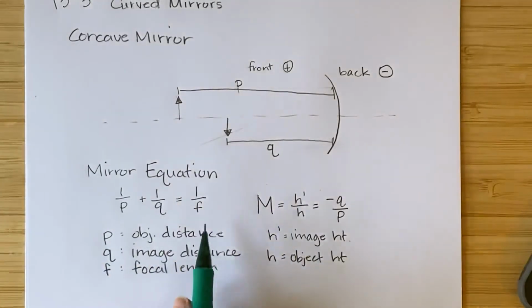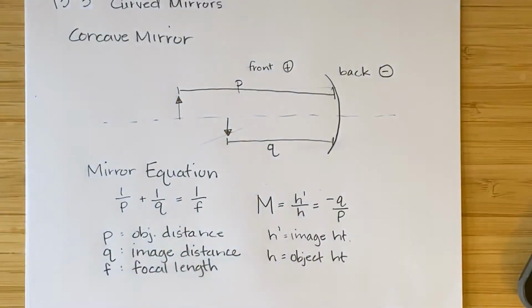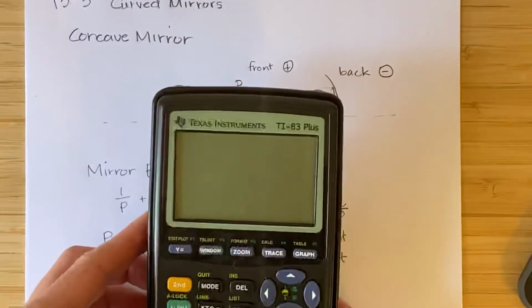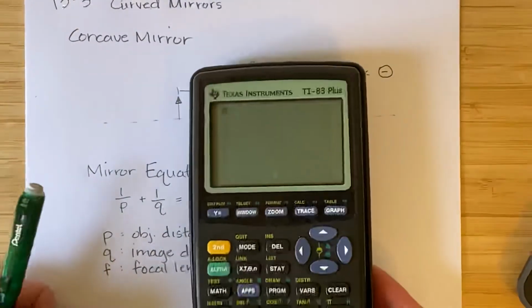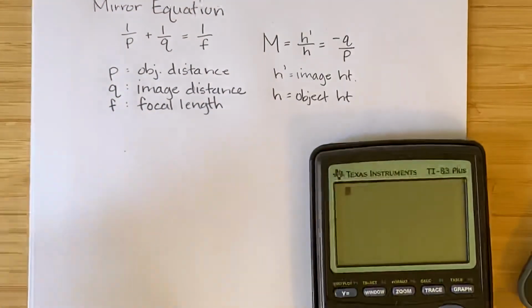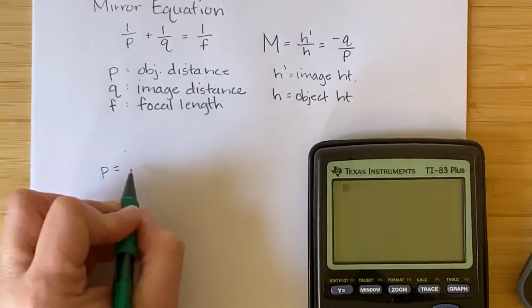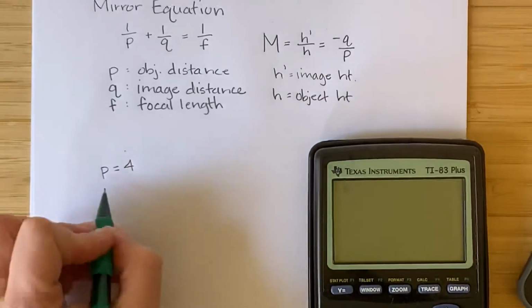Now, I want you to notice with this mirror equation, we're using fractions. So to put this into your calculator, let's just make up some fake numbers, and then I'm going to show you how I would like you to plug it in. So let's say P is 4 centimeters.